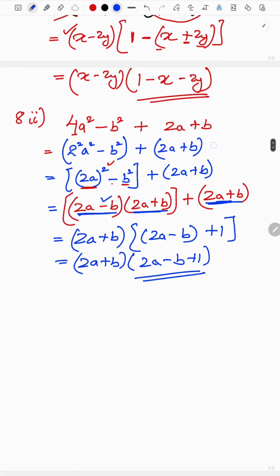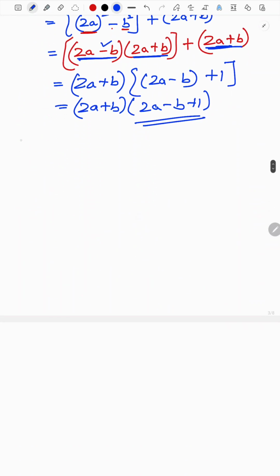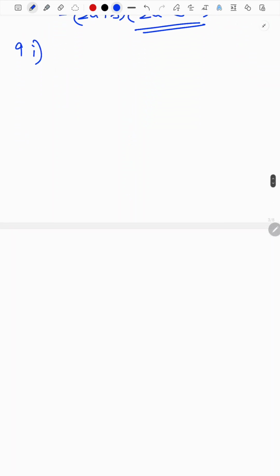Okay, the next question now, question number 9(1). Question number 9(1) looks like this. You have a minus 2 within bracket minus b minus 2 within bracket. Now let's rewrite this by removing the brackets. A into a will give me a square.